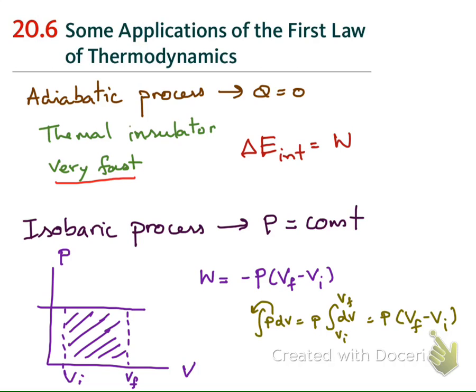So the work done on the gas is W equal to minus P times Vf minus Vi. This is for the isobaric process.